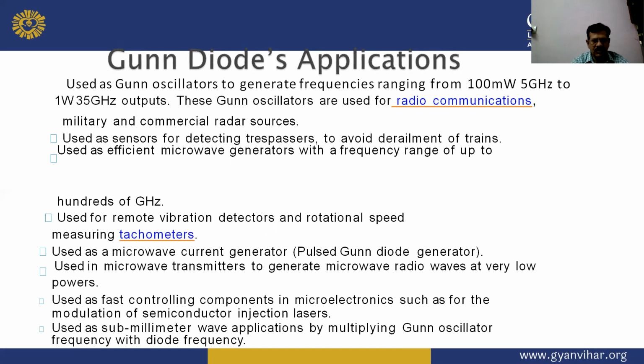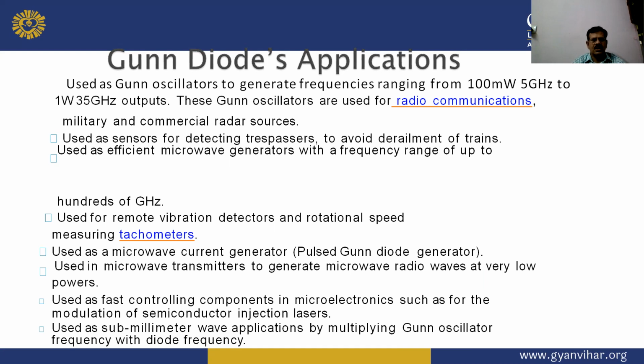Also the Gunn diode is used in microwave transmitters to generate microwave radio waves at very low powers, and used as fast controlling components in microelectronics, such as for the modulation of semiconductor injection lasers.